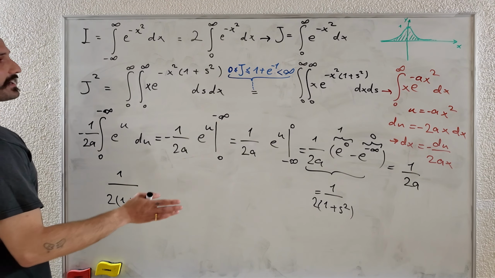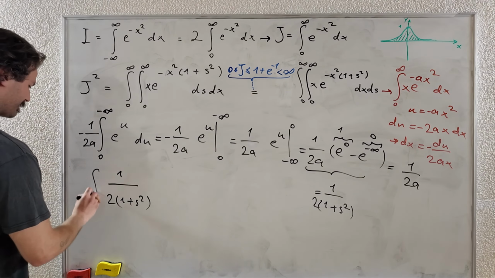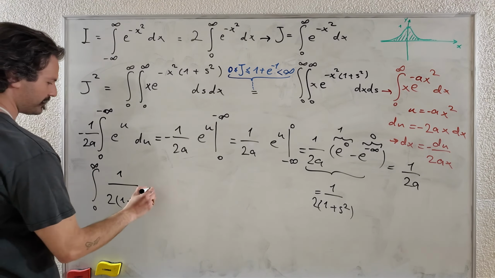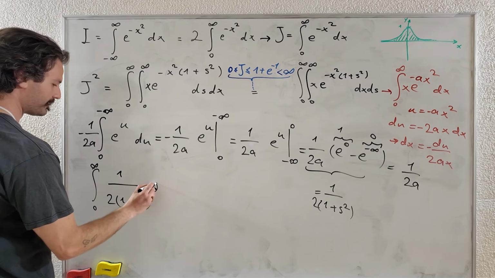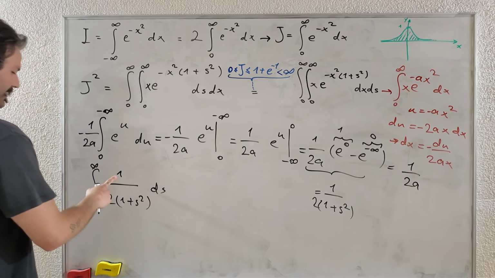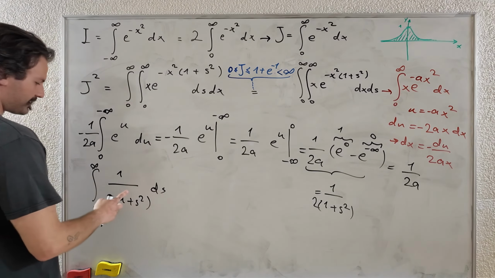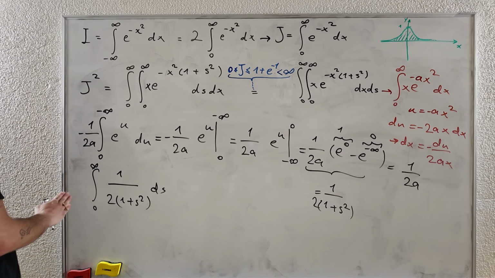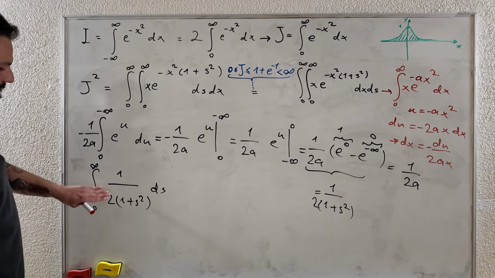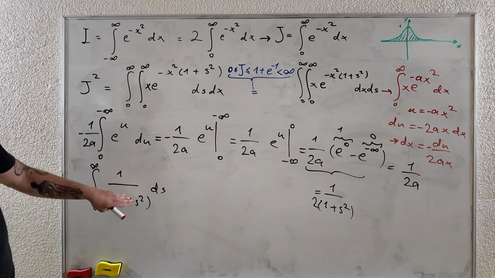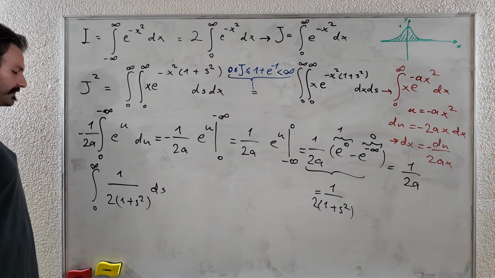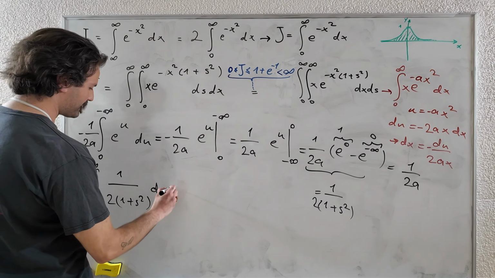And let's calculate the outer integral, which is just the integral from 0 to infinity with respect to s. And since 1 over 2 is a constant, we can bring this out of the integral. Then we have 1 over 1 plus s squared integrated between 0 and infinity. So this is just the arctan of s.